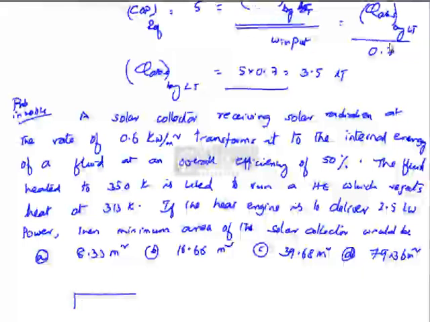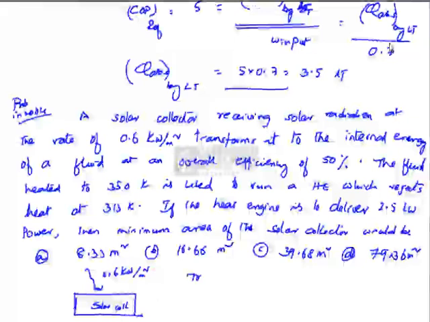A solar collector is receiving a heat of 0.6 kilowatts per meter square.